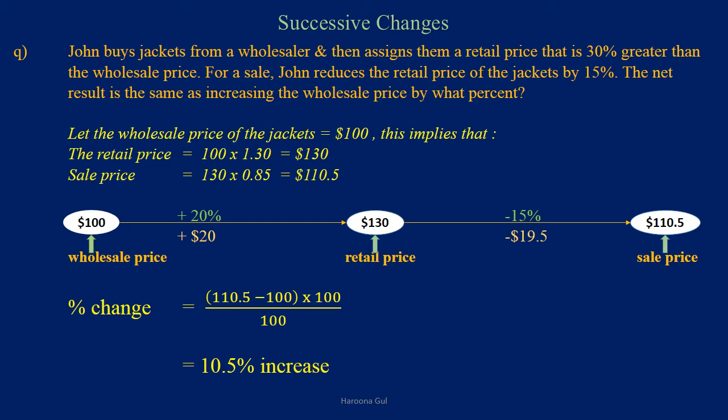That is 100 into 1.3 gives us 130, and the sale price would be 130 into 0.85. That is a 15% decrease, which is going to give us $110.5, right? So you see, a 30% increase means $30 more, right?